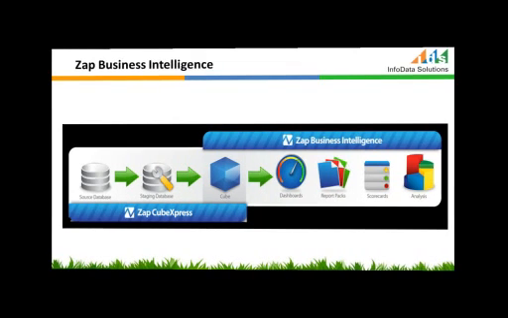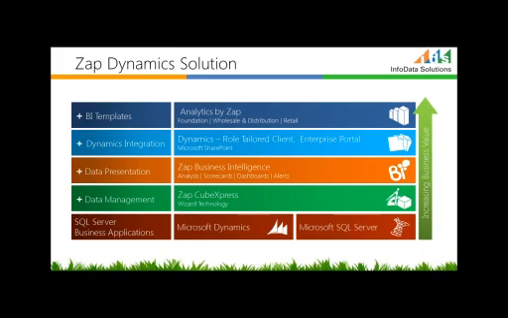So we have the SQL Server, business applications, Dynamics, and SQL at the bottom. We then have, within the Zap technology piece, what they call Cube Express. This is another powerful tool.